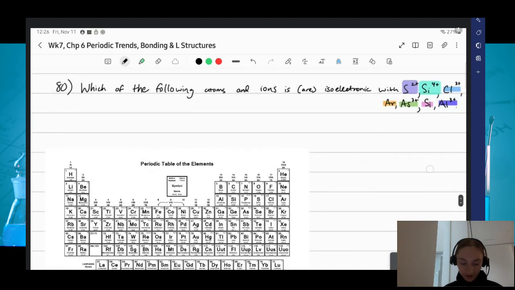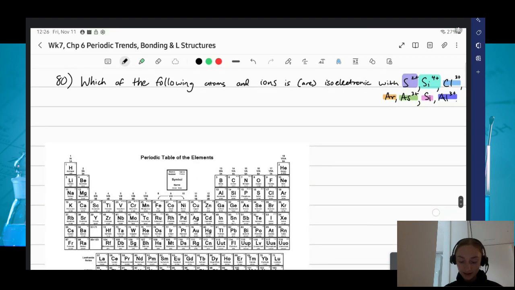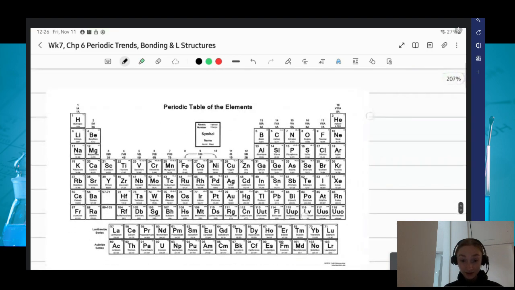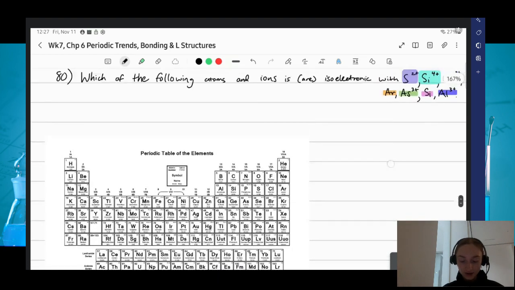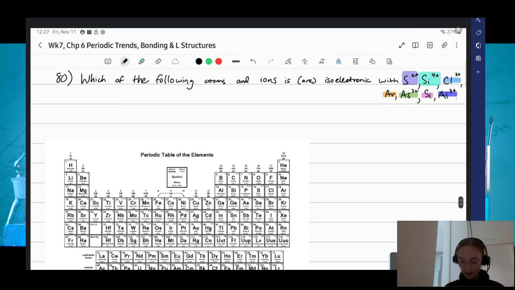So let's first find them on the periodic table to make our life a little bit easier. But actually before we find them on the periodic table, let's identify what isoelectronic is, and then we can see what we're actually looking for and what we're answering in the first place.